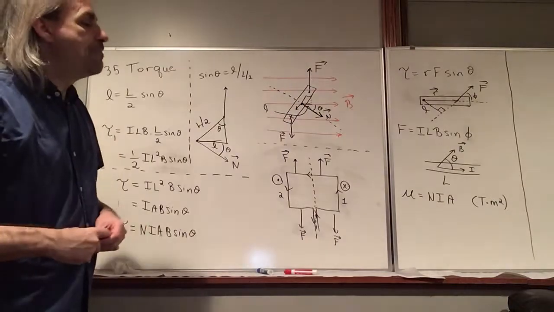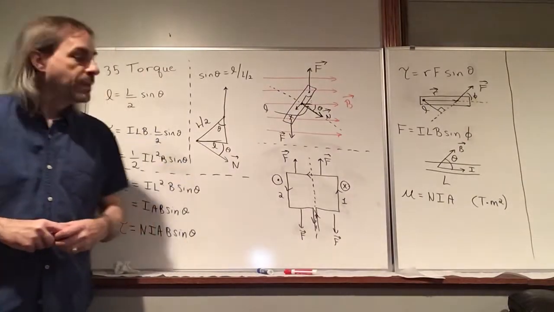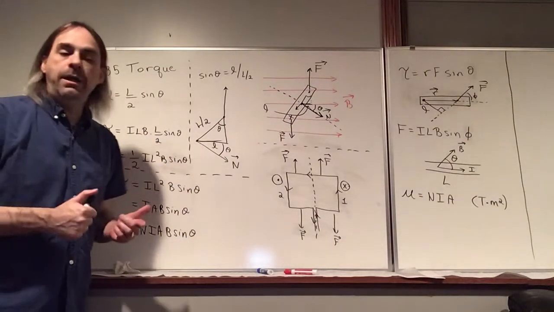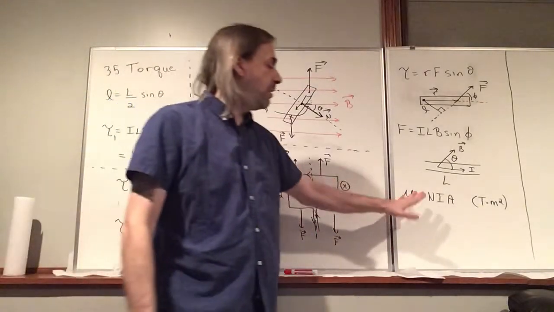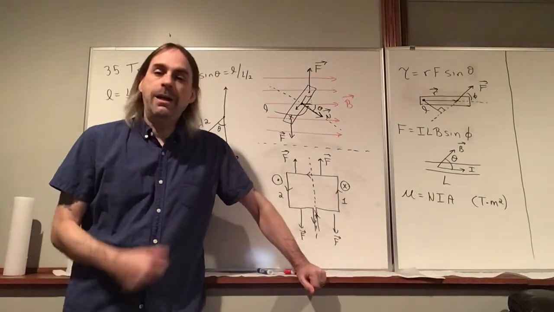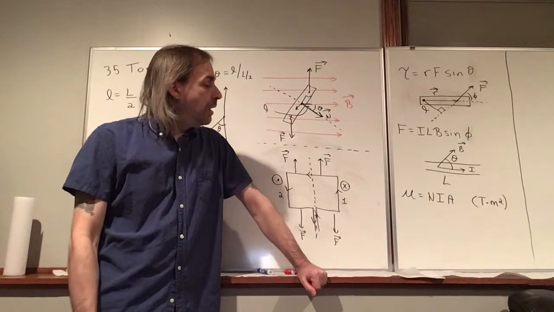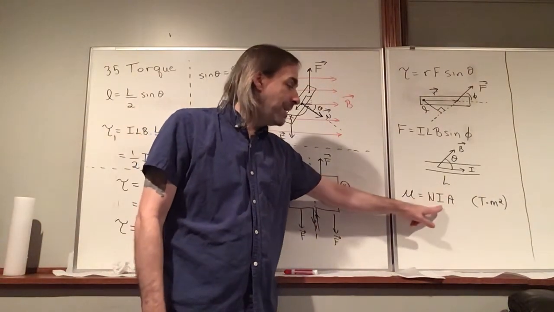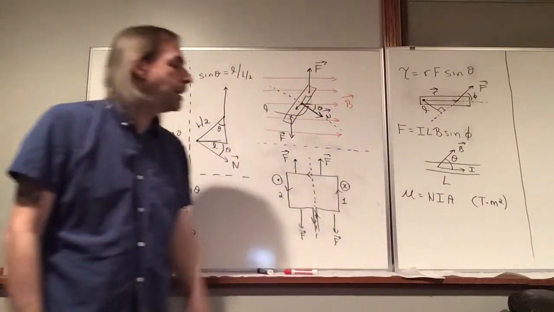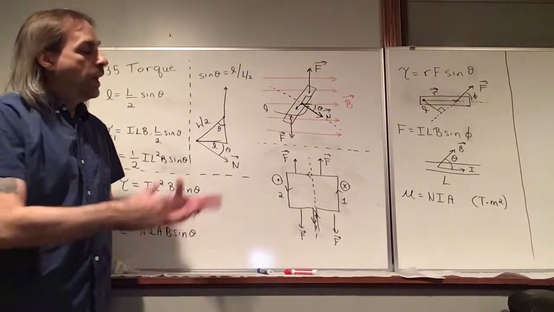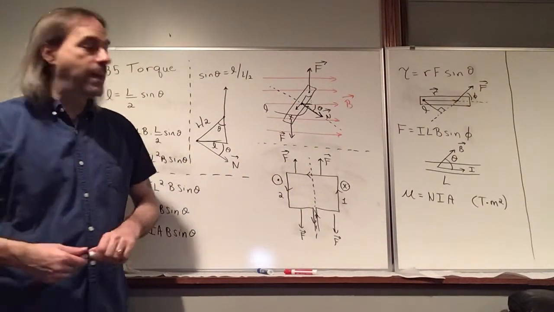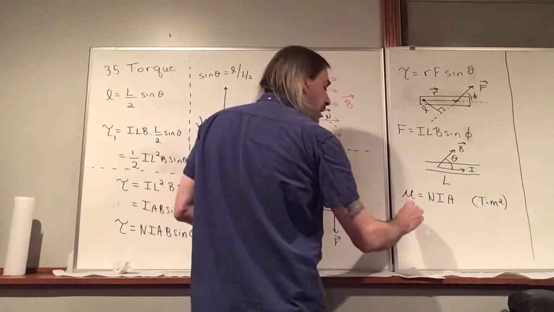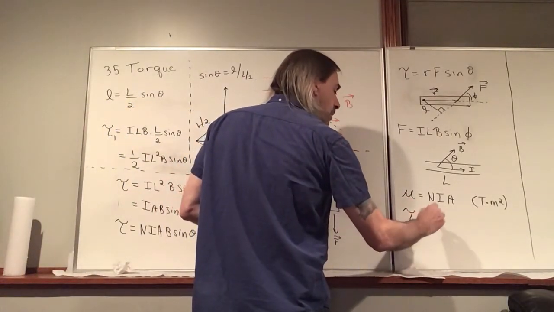This is called the magnetic moment, and that's equal to NIA. N is the number of loops. So a coil has a magnetic moment, and the magnetic moment is equal to the number of loops in the coil times the current times the area of the coil.